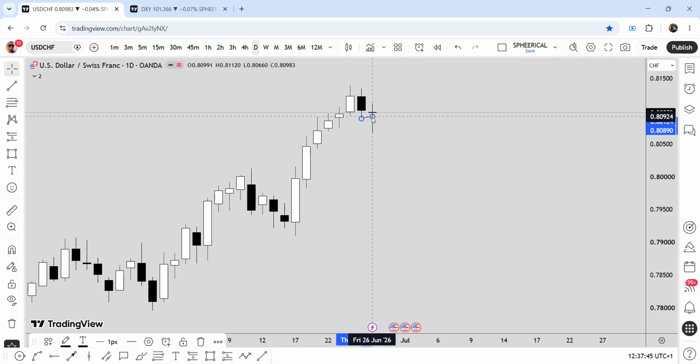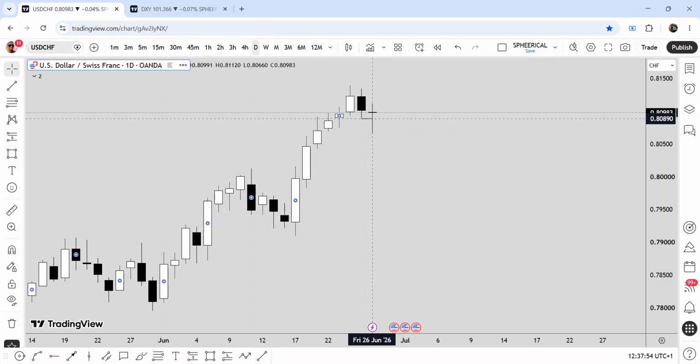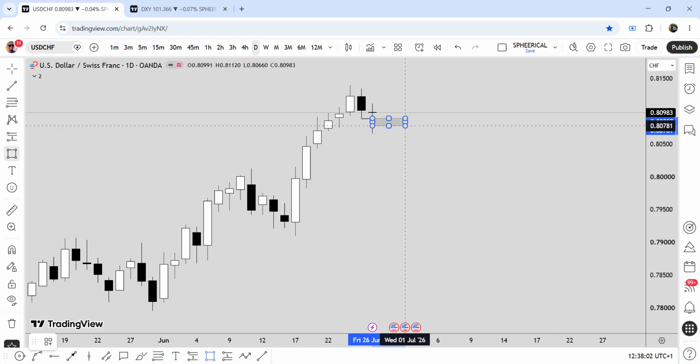Okay, this is what we have here. So we will be looking for a POI within this zone. If we see a valid POI here, we might look forward to taking the trend.